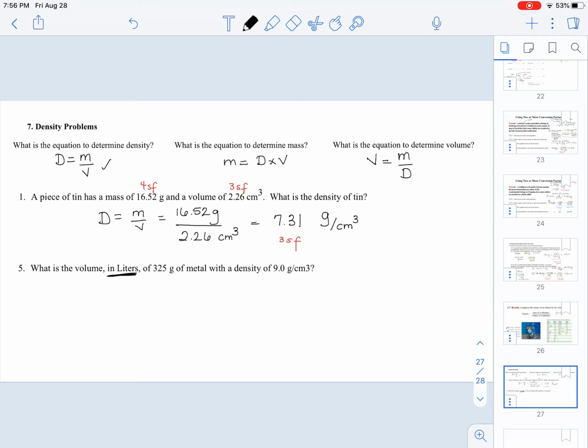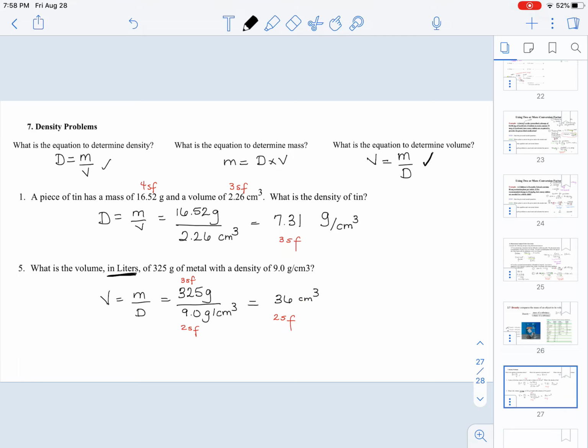This has 3 sig figs, this has 2 sig figs. So I'm going to round my final answer to 2 sig figs. My final answer here is going to be 36 centimeters cubed. But I'm not done, because the question asks, what is the volume in liters?